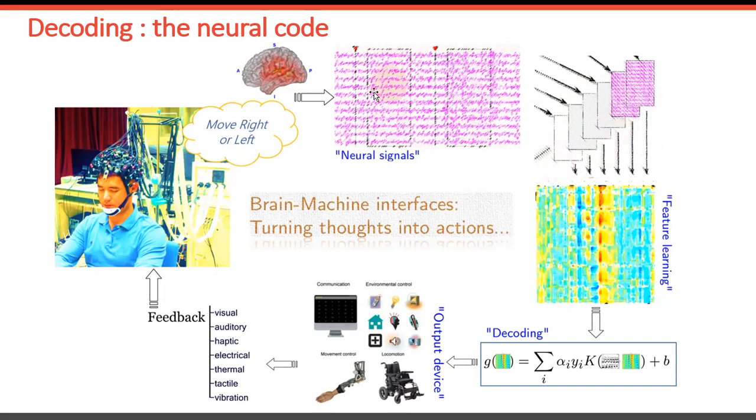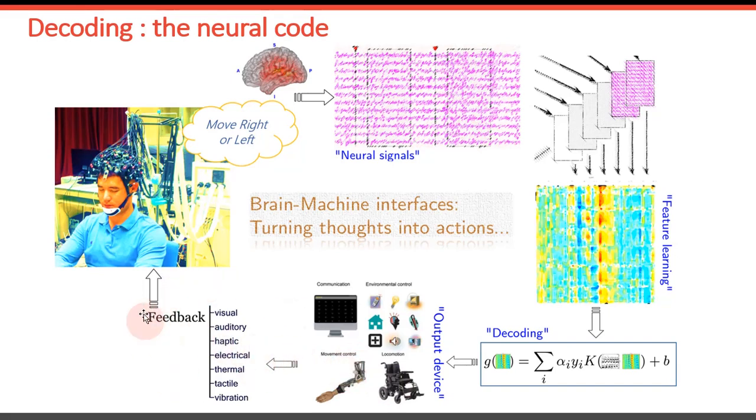First we do some specific pre-processing, and then we can train, let's say, a decoder. And then the decoder will output to different BCI applications. It can be for communication, BCI spelling, or environmental control, so turning the lights on and off, or other applications based on need, or locomotion or movement control.